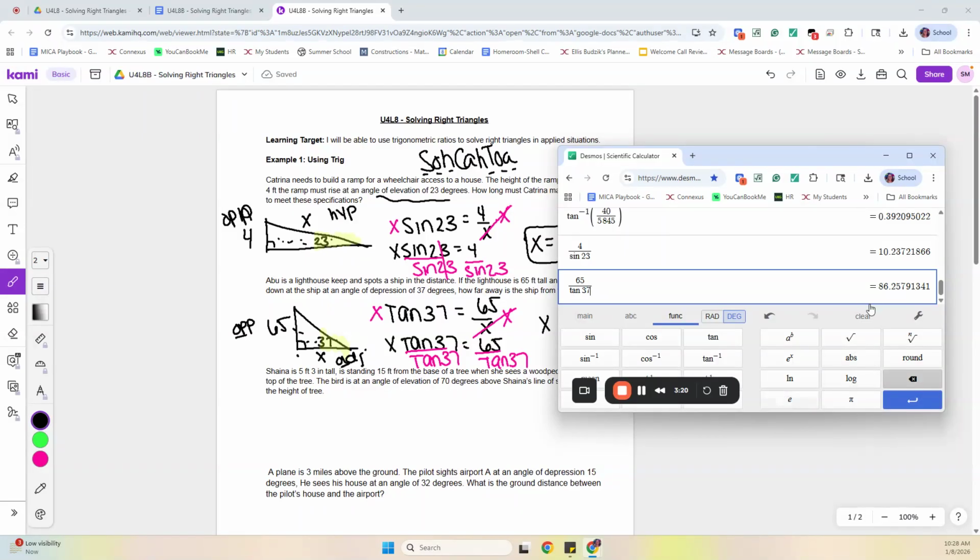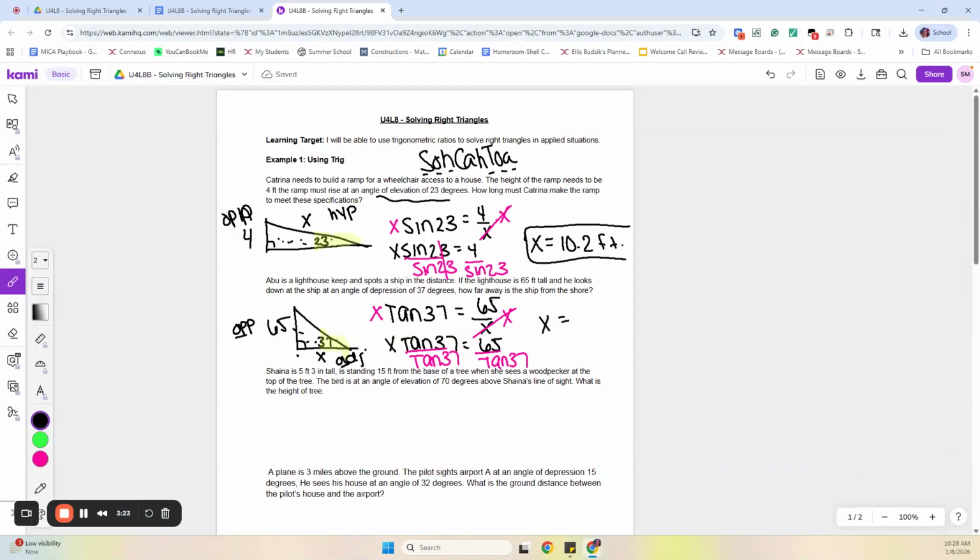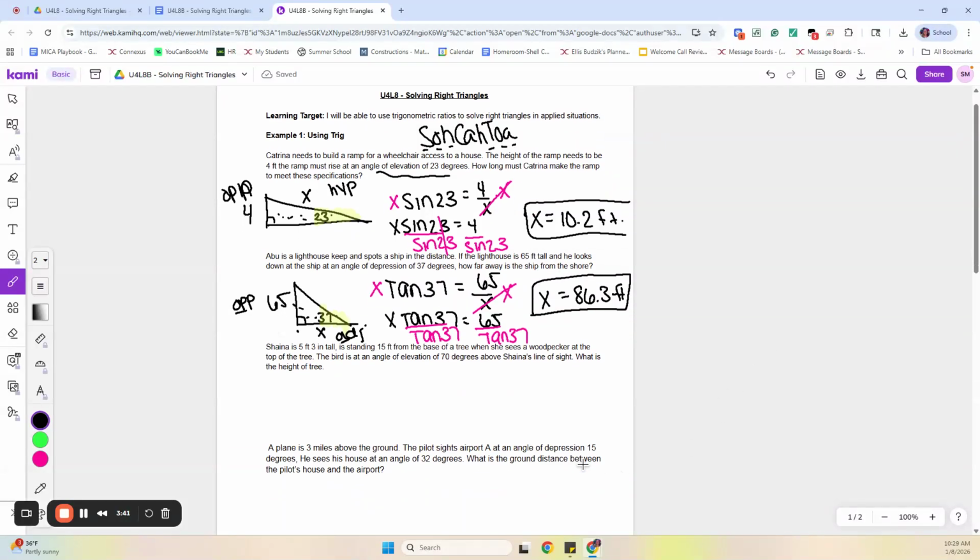And that's going to be 86.3. Or not degrees, it's not an angle. 86.3 feet. There you go.